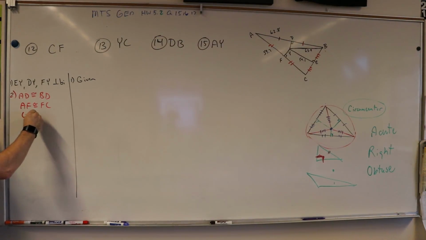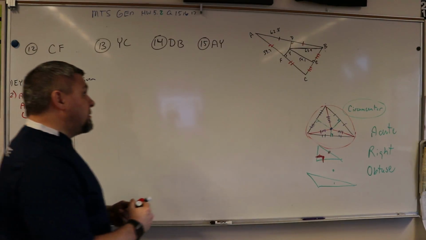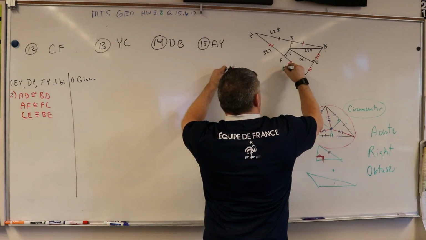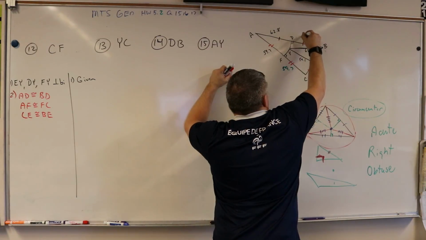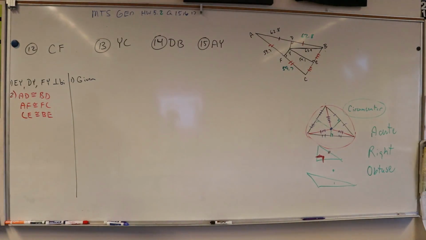So we know all of those things right now, which is nice. So that means this is 59.7. This is 62.8. We know that much, right? Right there.